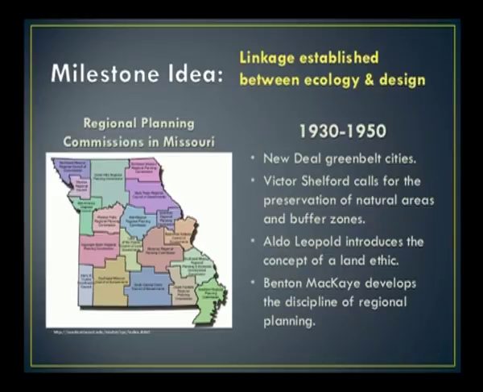This took place between 1930 and 1950. The New Deal Greenbelt cities; Victor Shelford calls for the preservation of natural areas and so-called buffer zones. Aldo Leopold introduces the concept of a land ethic. Benton MacKaye develops the discipline of regional planning.